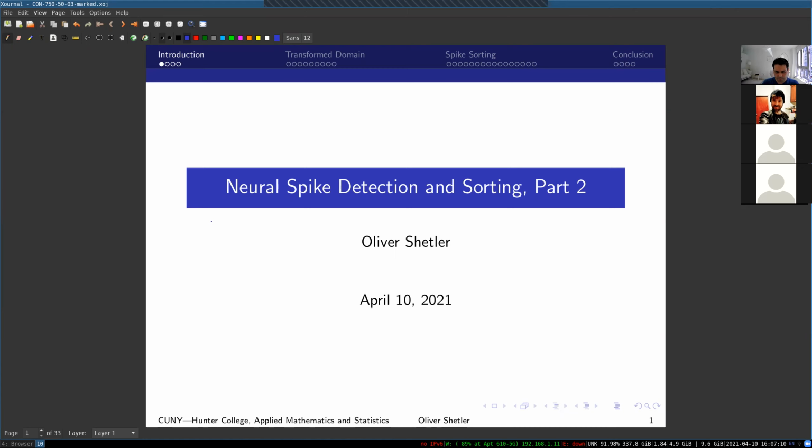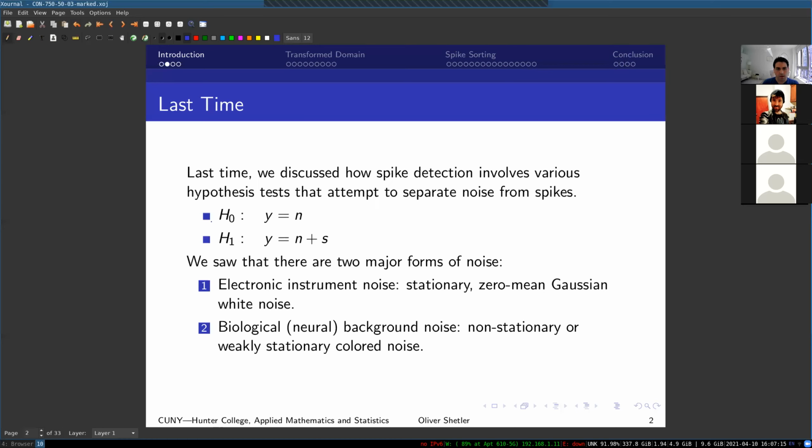So we're just going to briefly do a little bit of review about what we covered last week first. Last time we discussed how spike detection involves various hypothesis tests that attempt to separate noise from spikes. The most general basic framework is that you have some observed signal or signal vector.